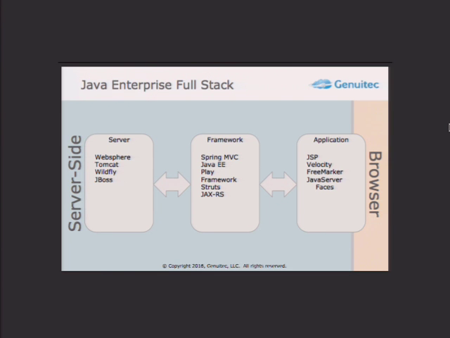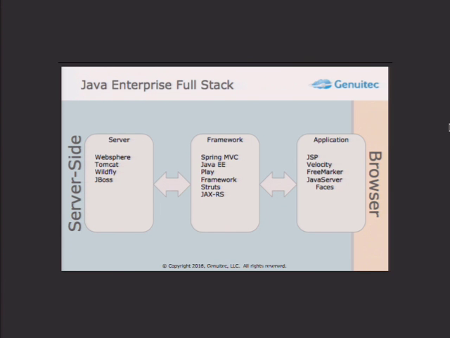This approach, of course, is good, but it has disadvantages. The main one is that, as I said, they are tightly coupled. So we need to develop those parts at the same time, and it raises the complexity as well as the development lifecycle.